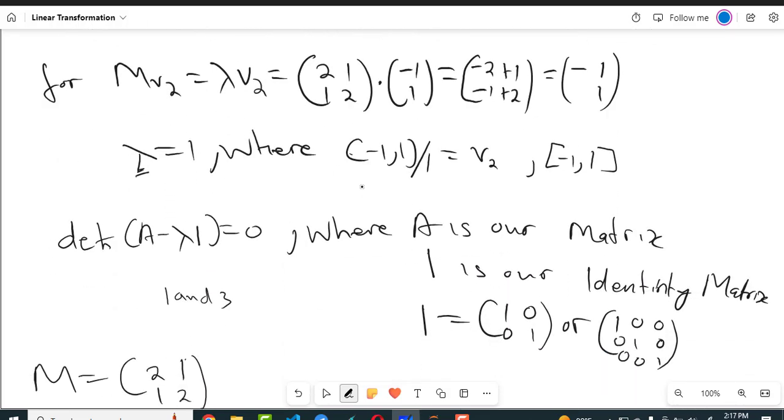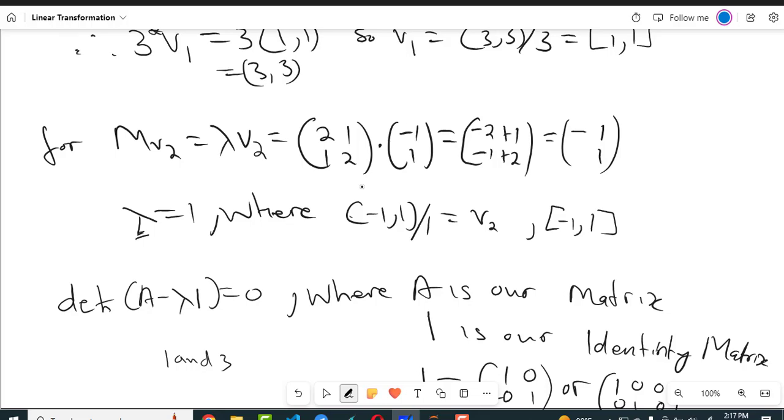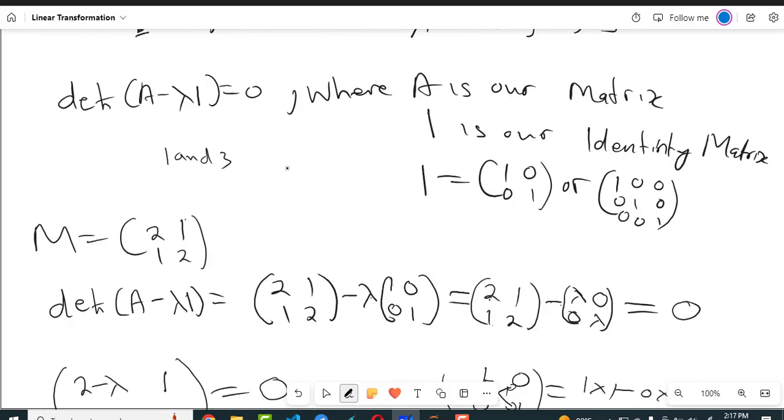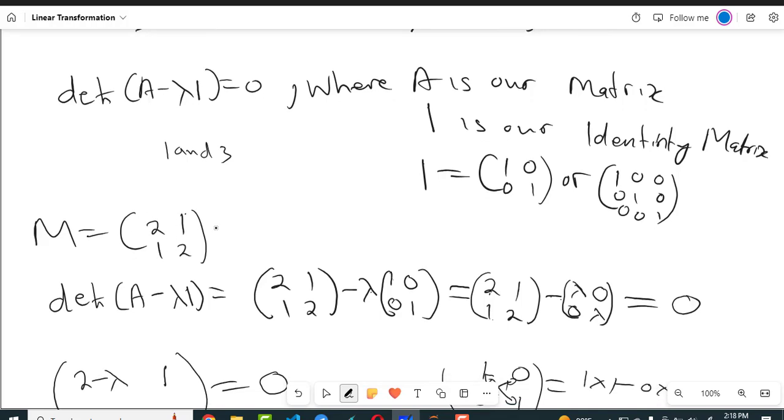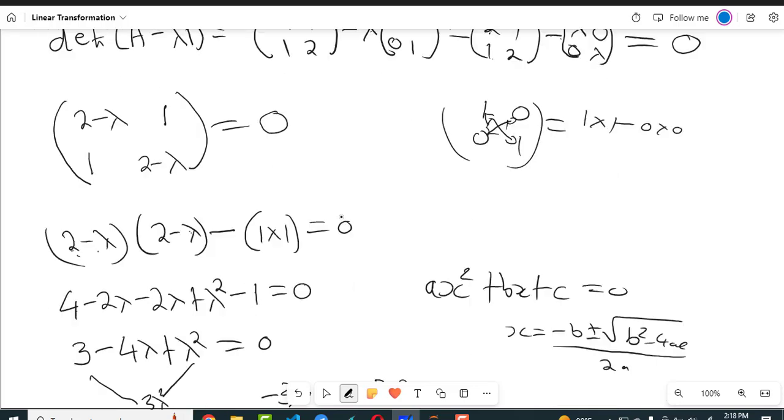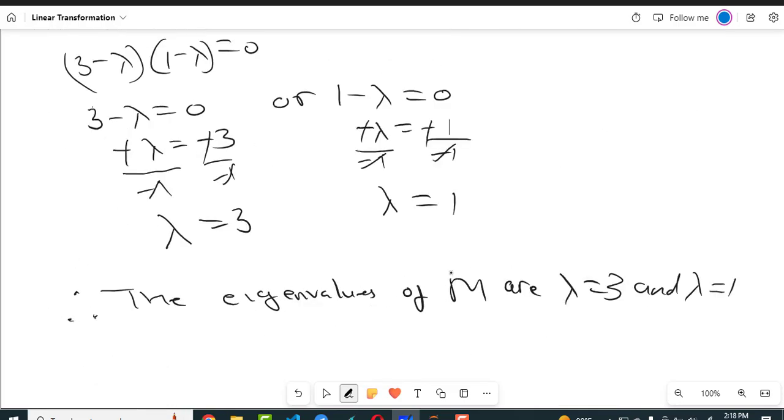After finding those, I asked: what if you are not given the eigenvalues? How are you going to find them? We use the determinant of A minus lambda identity equal to 0. So assuming the lambdas are 1 and 3, we tried to find them using the same matrix. As you can see, I demonstrated that the eigenvalues of our matrix M are 3 and 1.